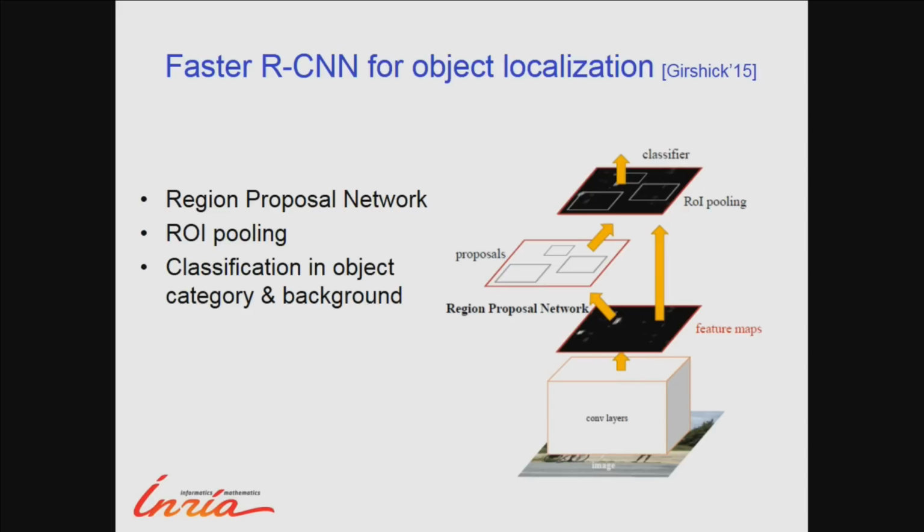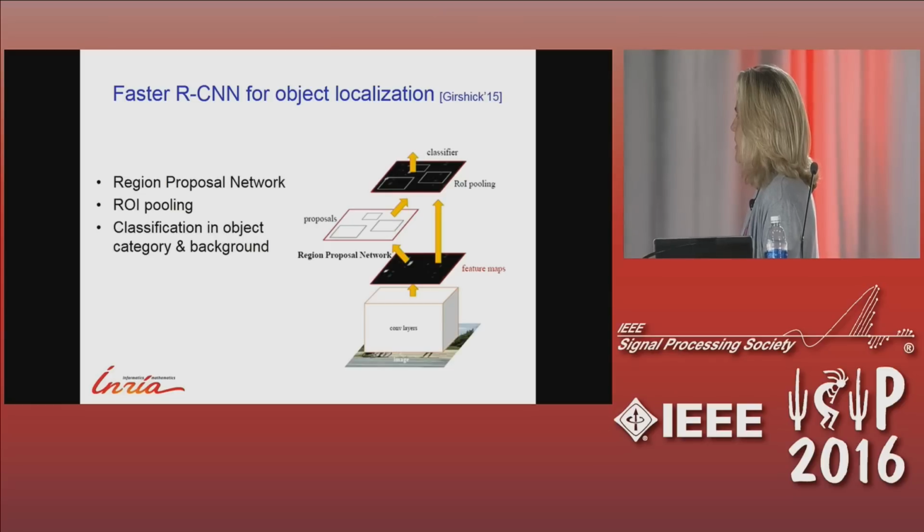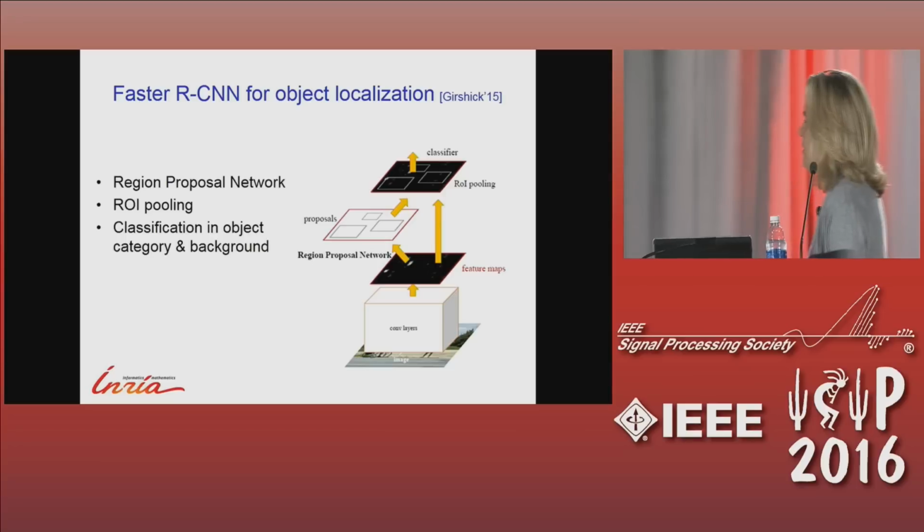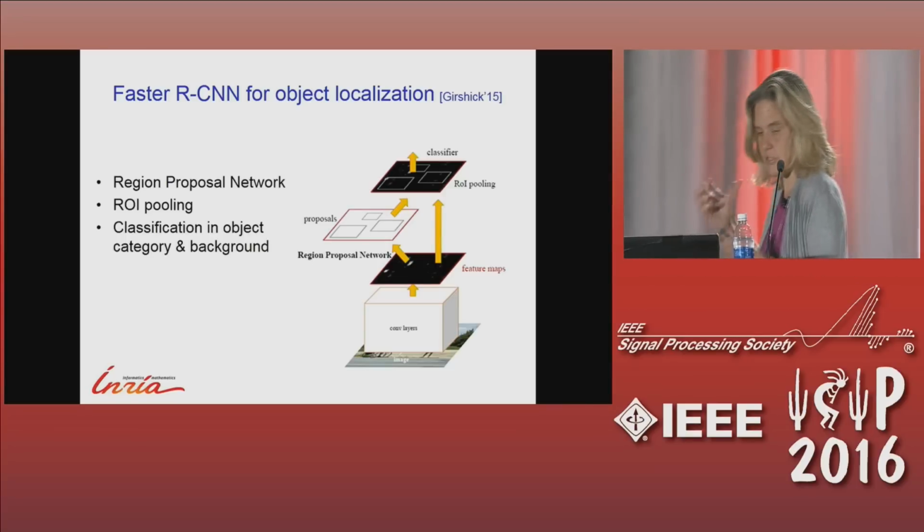So you have the class object, car, cow, whatever, and then one class of background, right? And so what you would have here, you first extract these convolutional layers from the image. And then here, you train two different networks, a region proposal network and the classification network, and they both rely on the same convolutional features, okay?